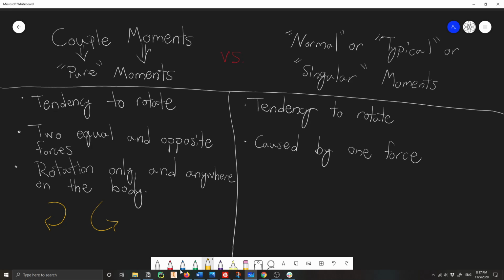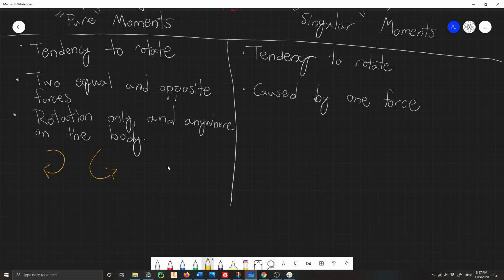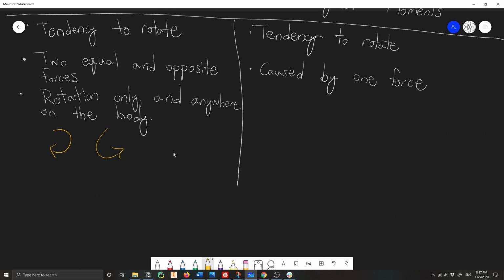That means that if I have, let's move down a little bit, sort of a beam here, again, just keeping things very simple. And I have a couple moment, and let's just say that this is the one I'm interested in. That couple moment could be acting here, it could be acting here, here. It doesn't matter. I can put it anywhere I want, and they will all produce the same magnitude of rotation, right?